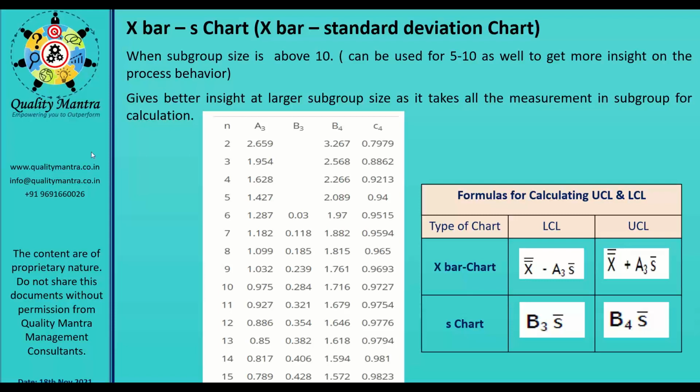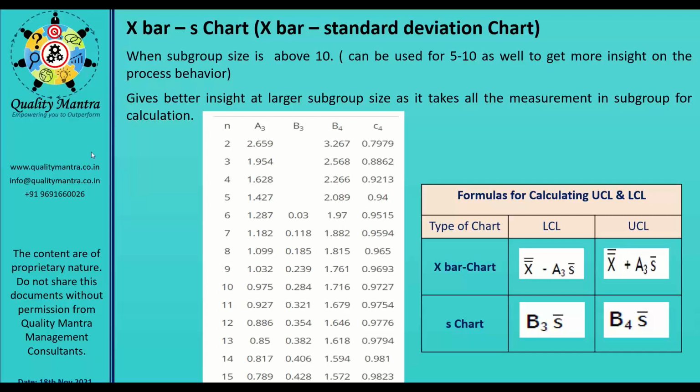In such cases your work will be done by your range chart also, because the calculations of the standard deviation chart are more complex as compared to the range. Range calculation is very easy, but to calculate the standard deviation, complex formulas are used.